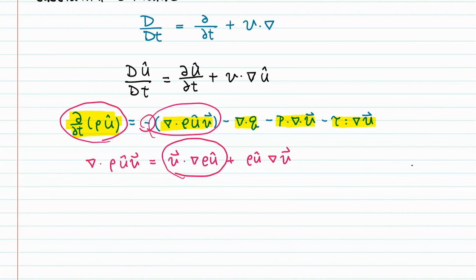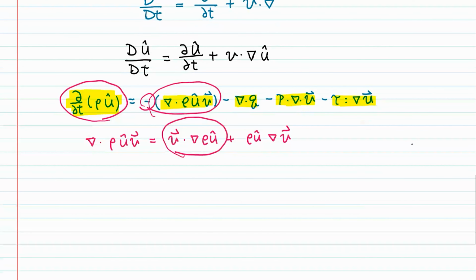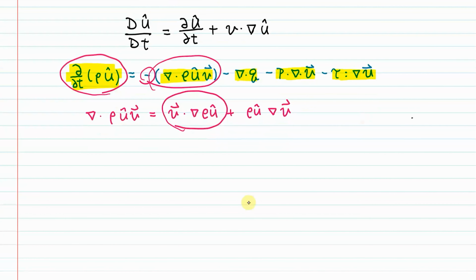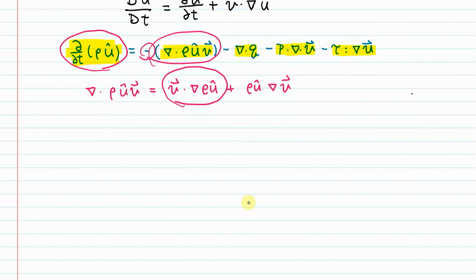So if we do that kind of reorganization, we have partial t rho u plus v dot the gradient of rho u, now equals the right hand side.